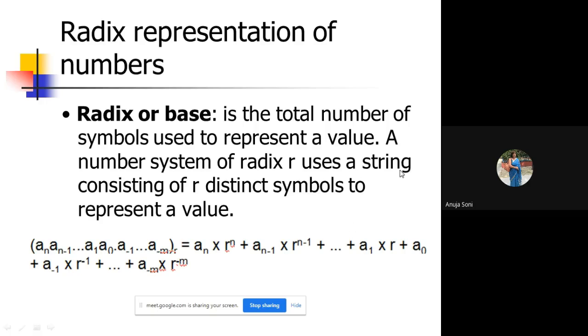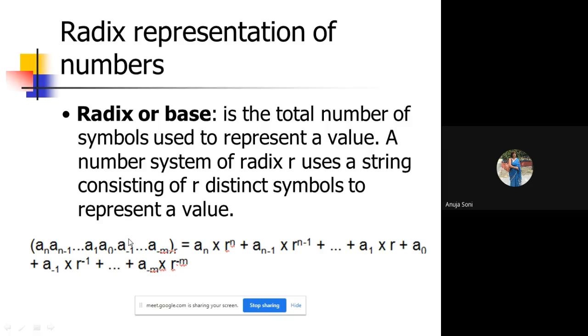This is your R raised to the power 0 multiplied by A naught, plus R raised to the power 1 multiplied by A1, and then R raised to the power 2 multiplied by A2, and ultimately you have to go on adding.